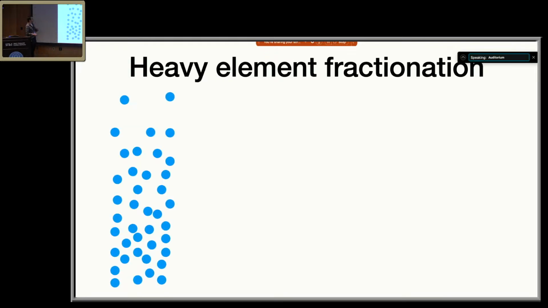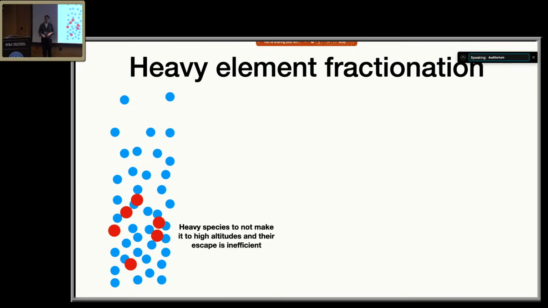And this is where a process called heavy element fractionation comes in, which is if you have a very strong hydrodynamic outflow, collisions between light elements like hydrogen and heavier elements are very efficient, and the whole thing just happens in a coupled fashion. However, if the outflow is a bit weaker or less dense, then those collisions are not as efficient, and heavy elements sink into the atmospheres. And you would retain heavy elements and just lose the light species like hydrogen.